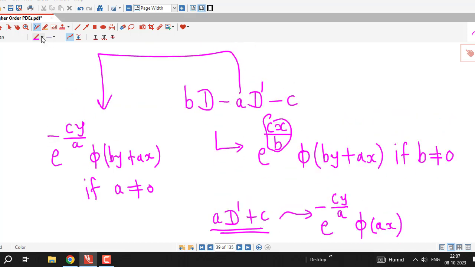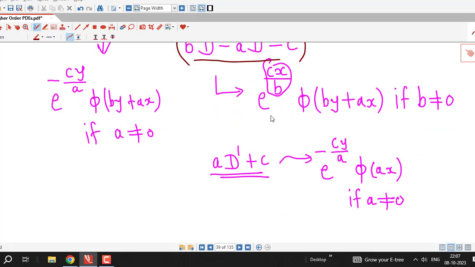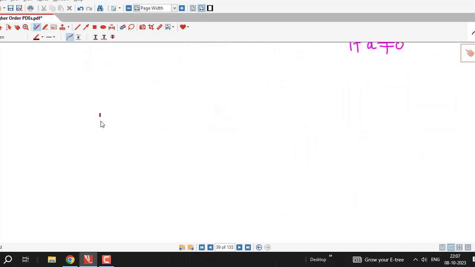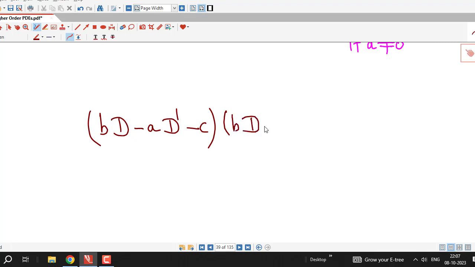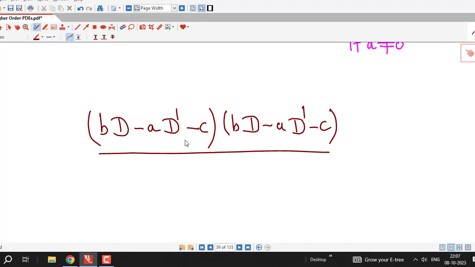Now in this lecture we are going to discuss the case of a repeated linear factor of this form. Suppose this linear factor is repeated 2 times, then how do we write down the part of the general solution? Suppose I have f(D, D') as a product of linear factors bD minus aD' minus c, and it is repeated, then what will be the part of the general solution corresponding to this product of 2 same linear factors?